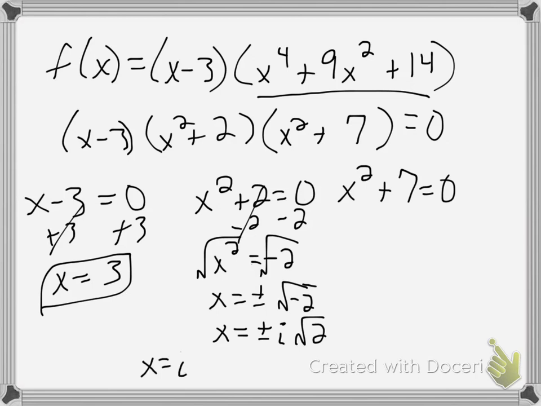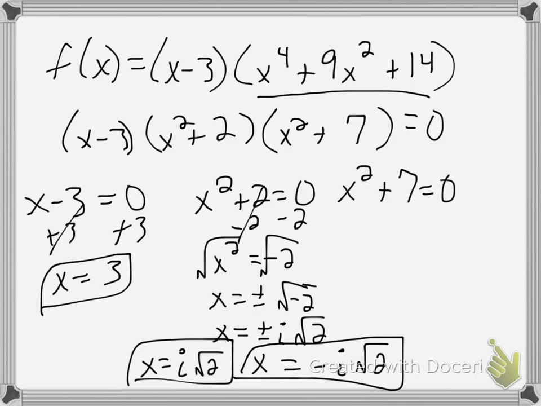So x equals i square root of 2. There's one of my zeros. X equals negative i square root of 2. There's another one of my zeros. So there's 3 of my zeros so far. Let's find the last two. Subtract 7. Take the square root of both sides.